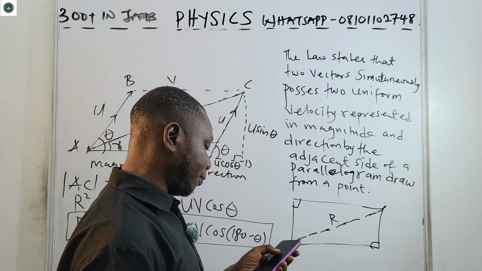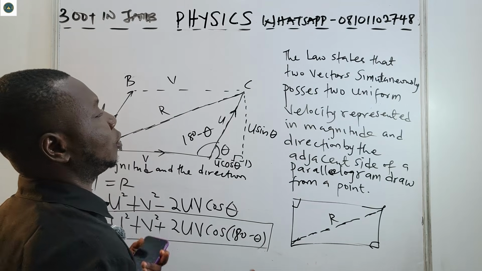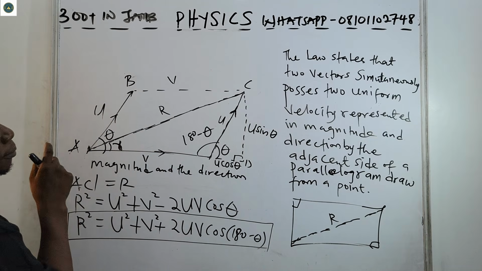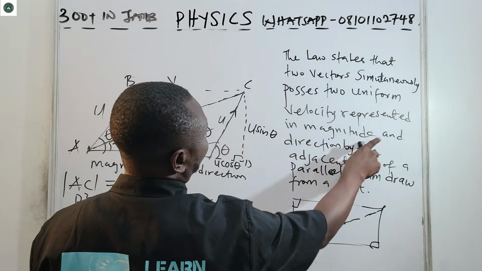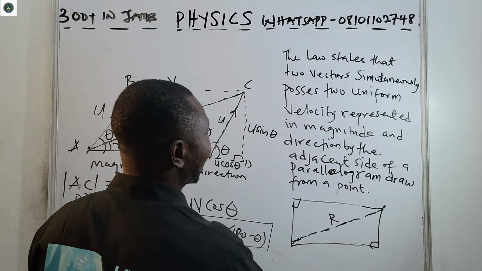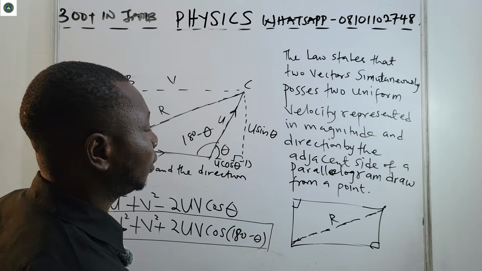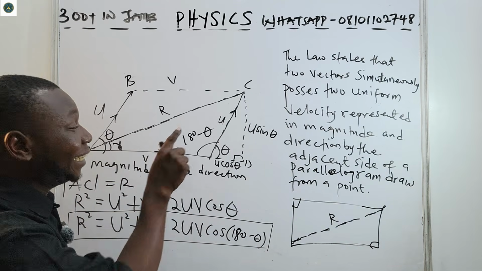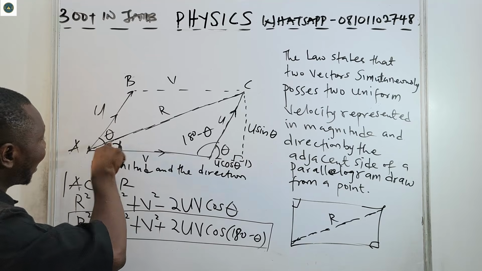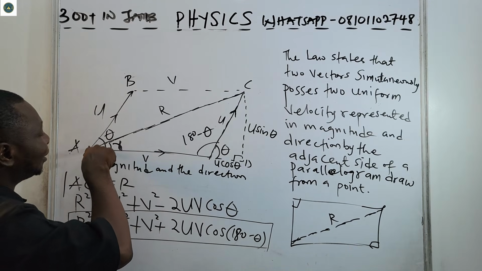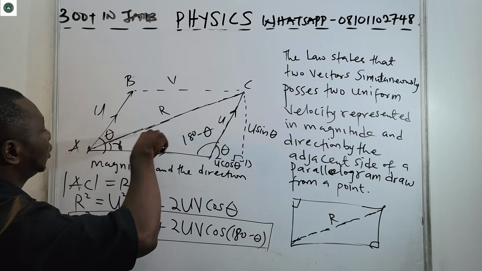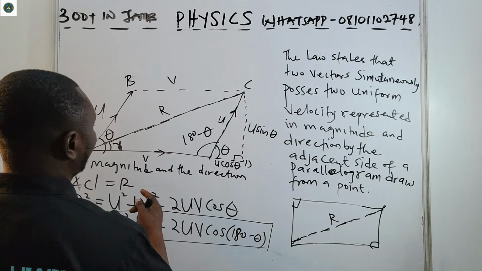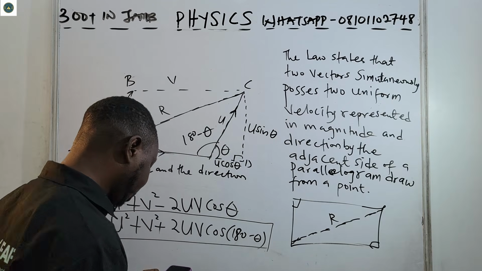The parallelogram law of vectors states that if two vectors simultaneously possess two uniform velocities, U and V, represented in magnitude and direction by the adjacent sides of a parallelogram drawn from a point, this point A, then the resultant can be obtained by the imaginary line that cuts across the diagonal of the plane, which is the parallelogram.